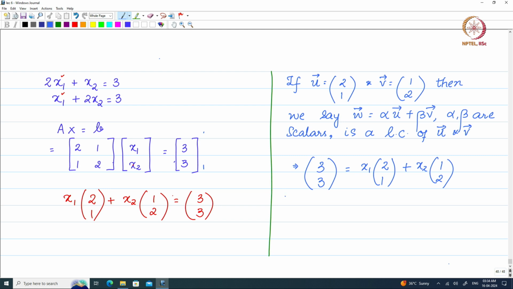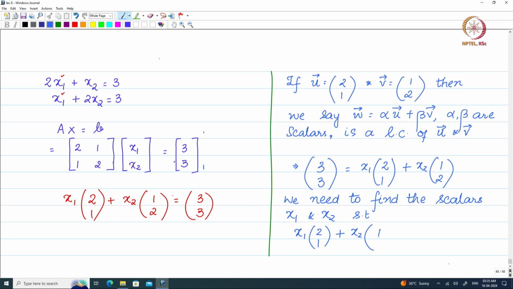Equivalently, from the system of equations, we need to find the scalars x1 and x2 such that x1 into 2 1 plus x2 into 1 2 gives me the right hand side vector 3 3.